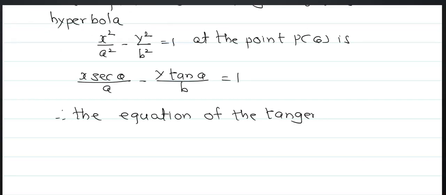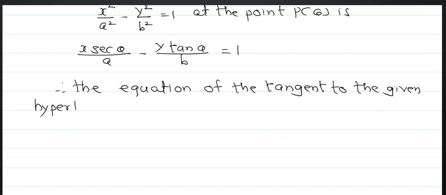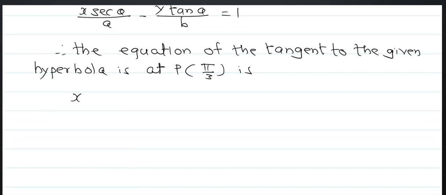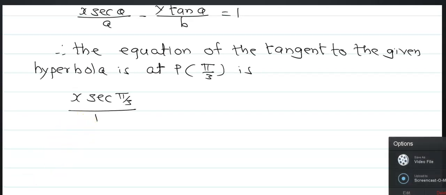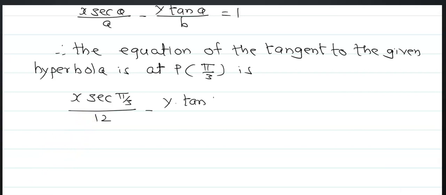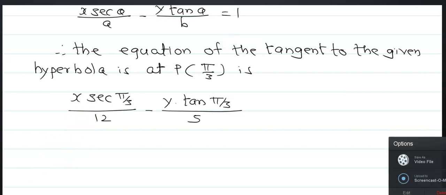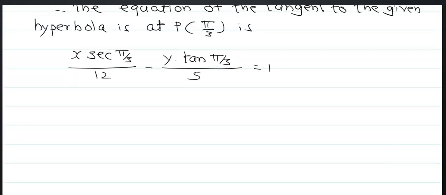The equation of the tangent to the given hyperbola at P pi by 3 is x sec of pi by 3 upon 12 minus y tan of pi by 3 upon 5 is equal to 1.